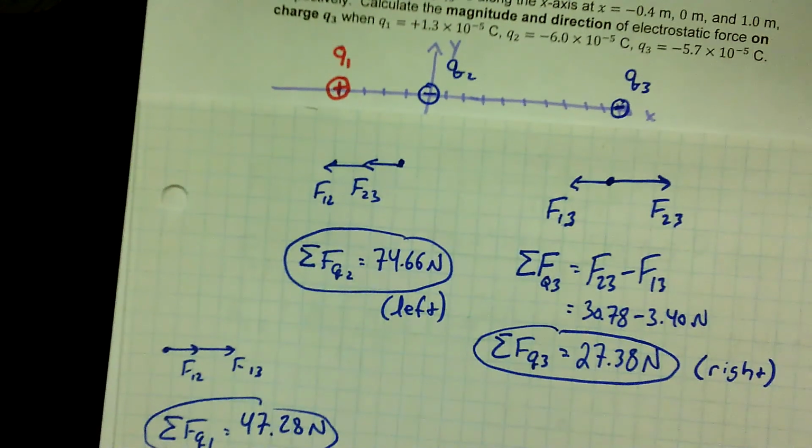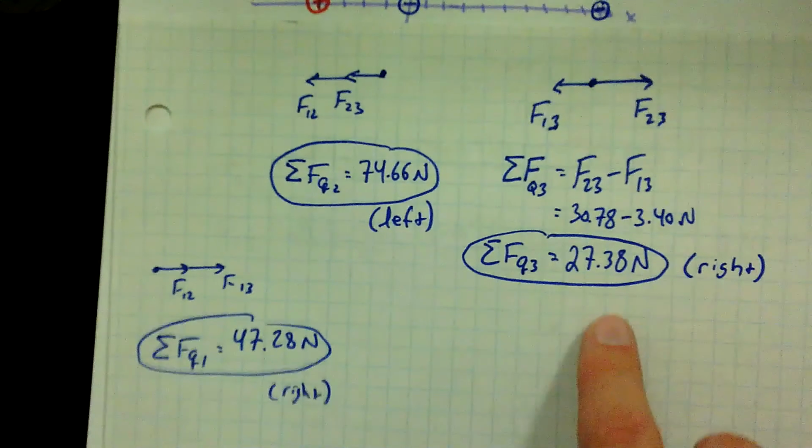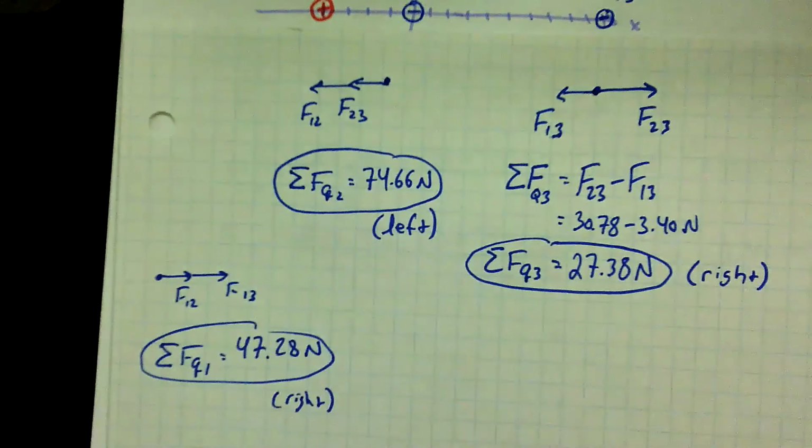So you just have to think through what that means. In your method, everything that was left is always going to be negative. So whether it's going to the right or left depends on whether your answer comes out positive or negative. I take the sign off, specify that it's going left. Yeah, that's how you would remove all ambiguity from that. And that's actually what I ended up doing. I didn't do it when I did the first one, but if you look at it, this one ends up going to the right, that ends up going to the left, that ends up going to the right.